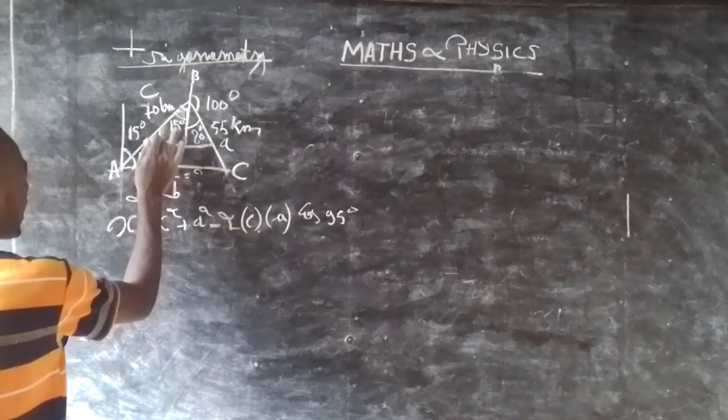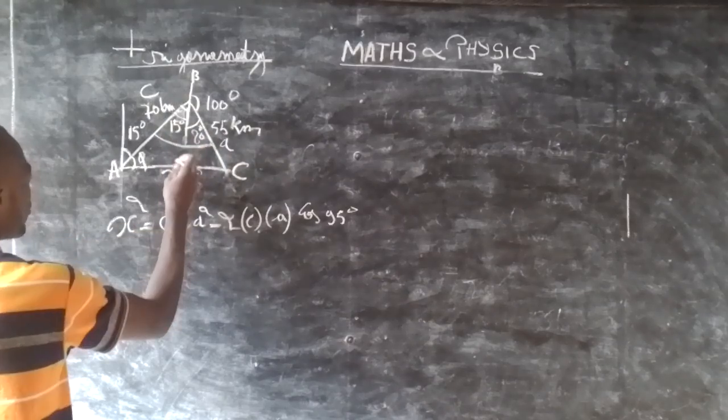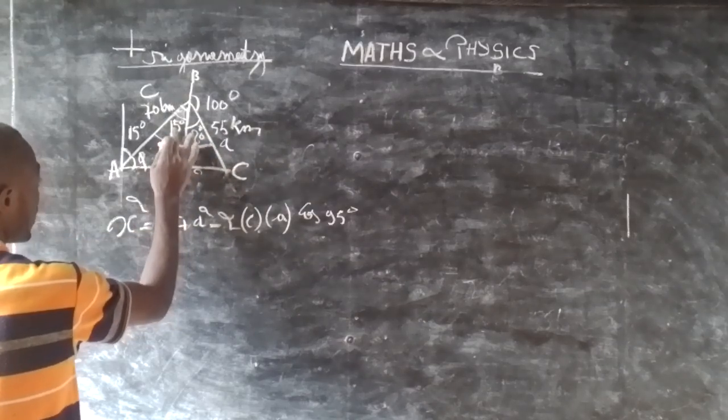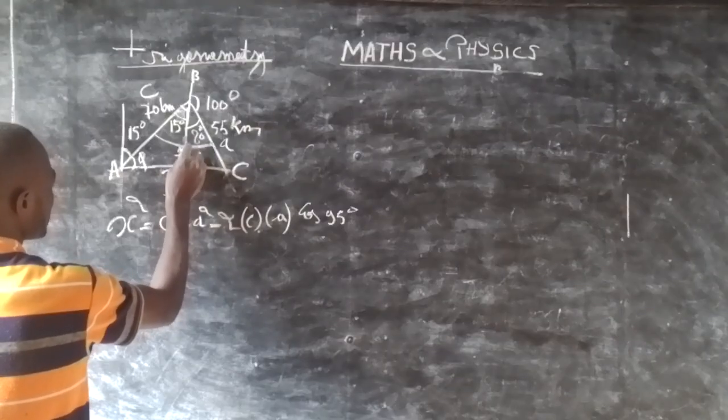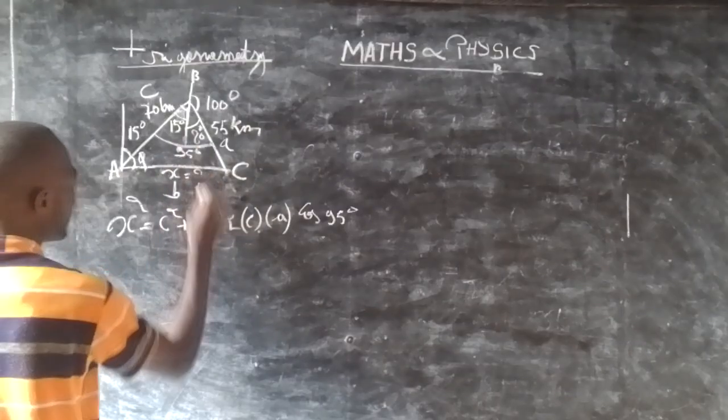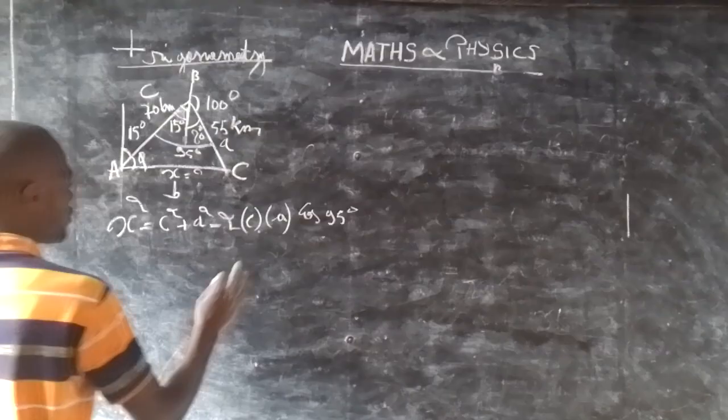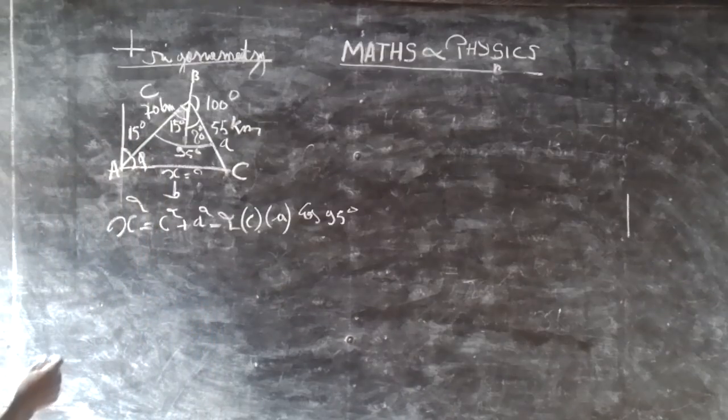So here, if we add the two internal angles, these two angles will be 95 degrees. This is how we are going to determine this distance.